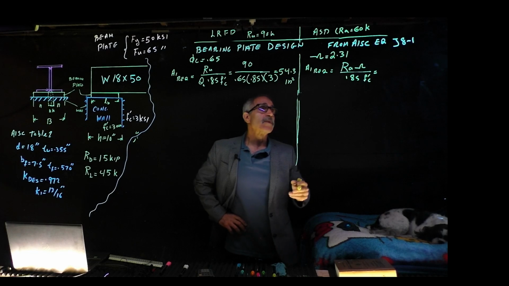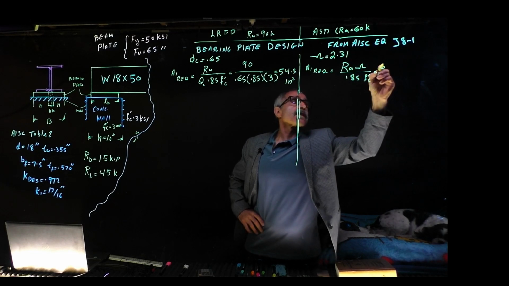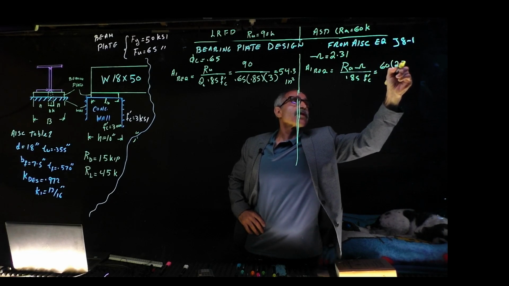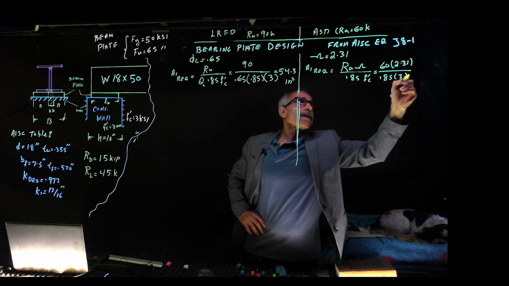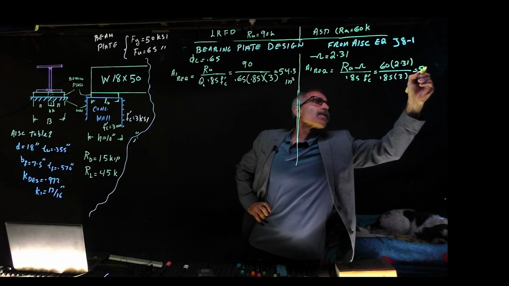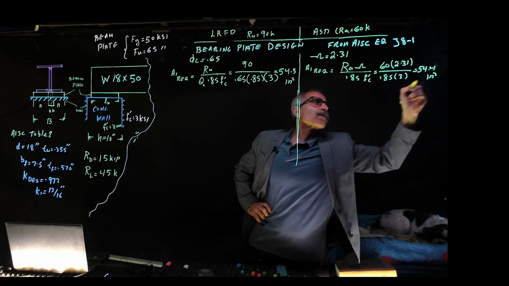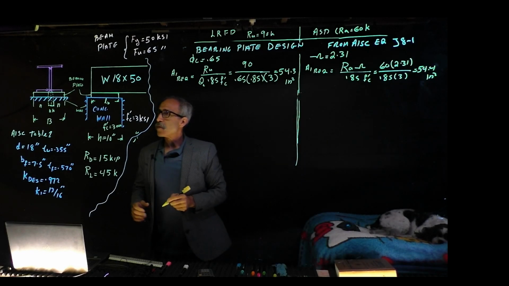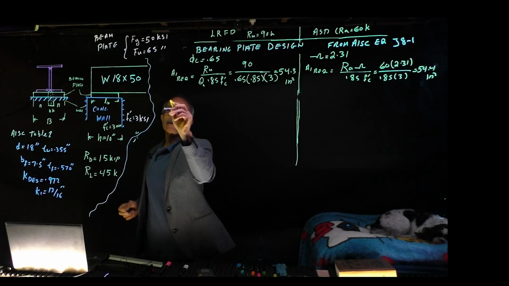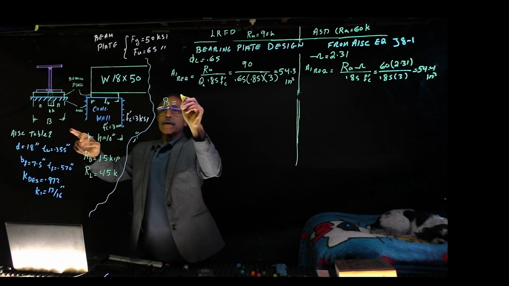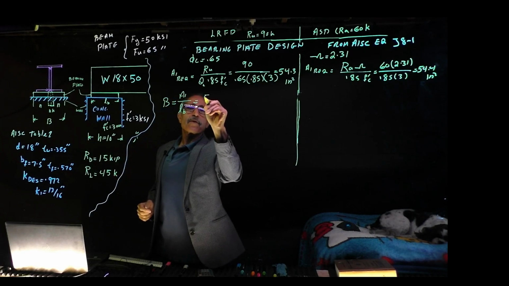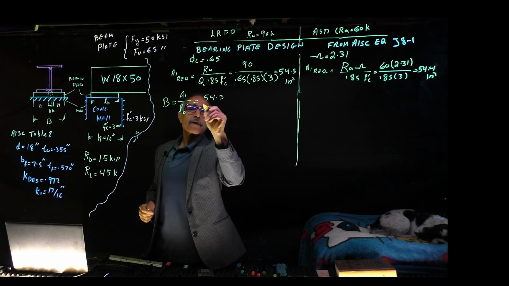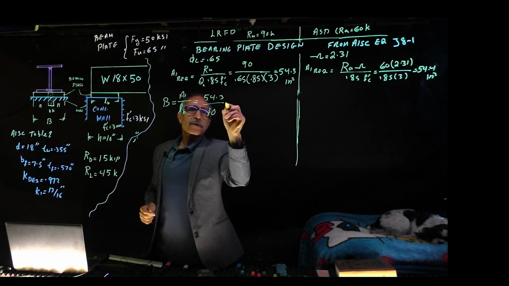Same thing on this side. We have Ra equal to 60 times 2.31 divided by 0.85 times 3, and that's 54.4 square inches.